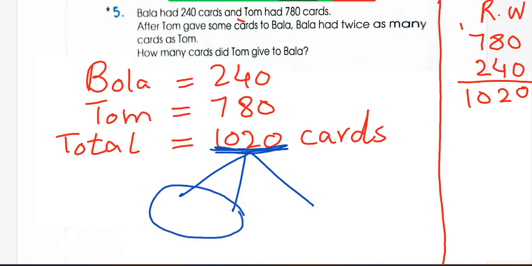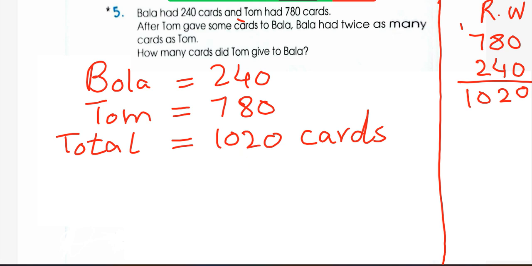Then I will give 2 shares to Bola and 1 share will be left with Tom. Right? Because they said that Bola will have twice as many cards as Tom. So I will divide the cards into 3 groups and I will give 2 groups to Bola and 1 group will be left with Tom.